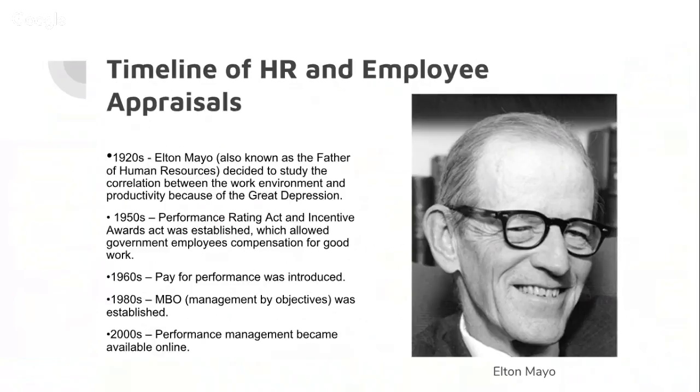In the 1950s, the Performance Rating Act and Incentive Awards Act was established, which allowed government employees compensation for good work. In the 1960s, pay for performance was introduced. In the 1980s, MBO, management by objectives, was established. And in the 2000s, performance management became available online.